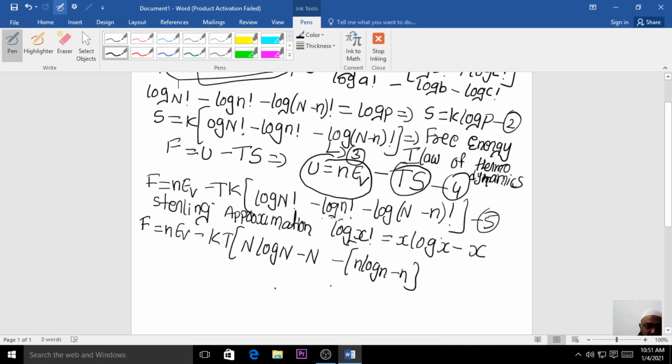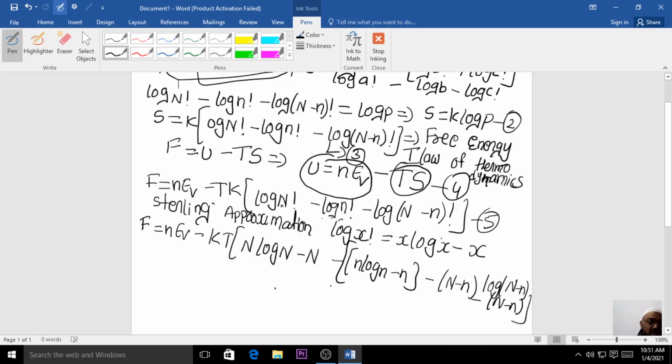Now this is a big bracket, this side we will simplify. So this is capital N minus small n, right? Log of capital N minus small n, minus of capital N minus small n.